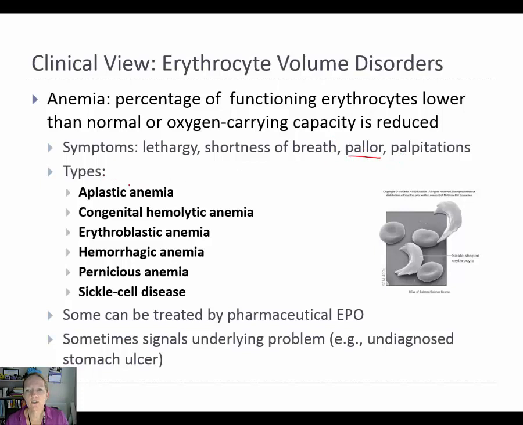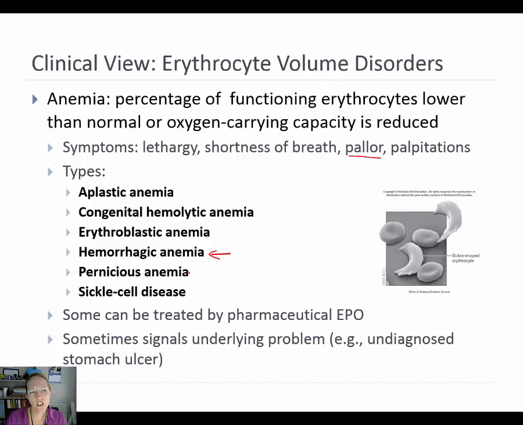Look at all of these different types of anemia. You have aplastic anemia, congenital hemolytic anemia, erythroblastic anemia, hemorrhagic anemia, pernicious anemia, sickle cell anemia. They can be from blood loss, hemorrhagic anemia. Took me a little bit to say that one, didn't it?